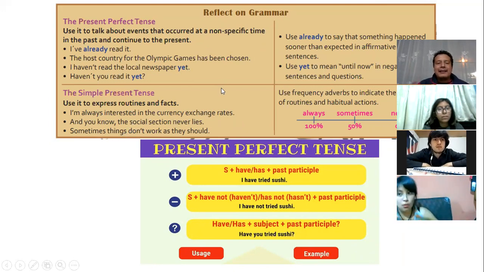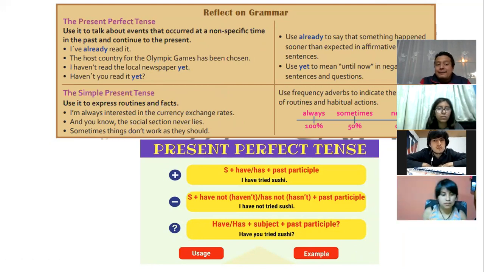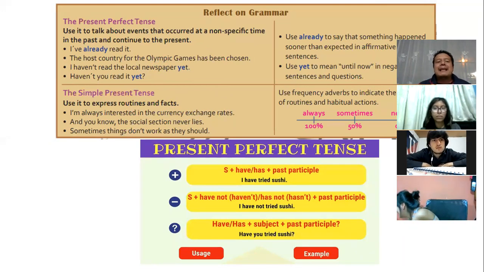Routines are the things that happen every day the same way, right? Now the present perfect tense is used to talk about events that occurred at a not specific time in the past, but continue to the present, right?